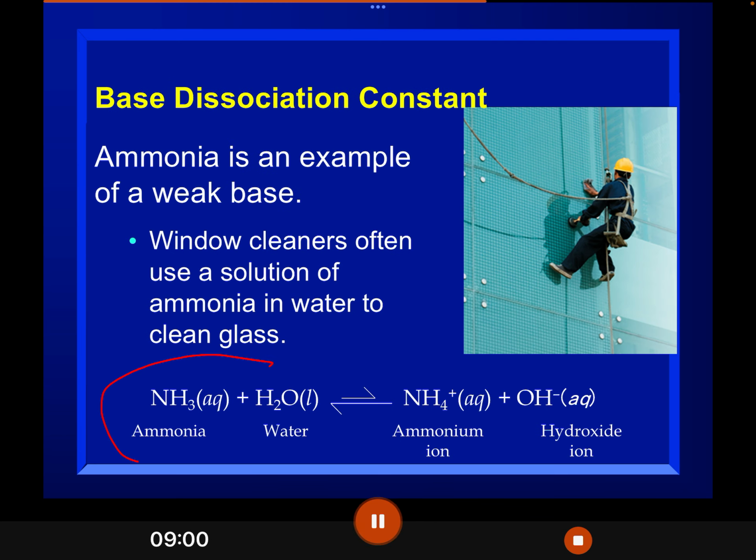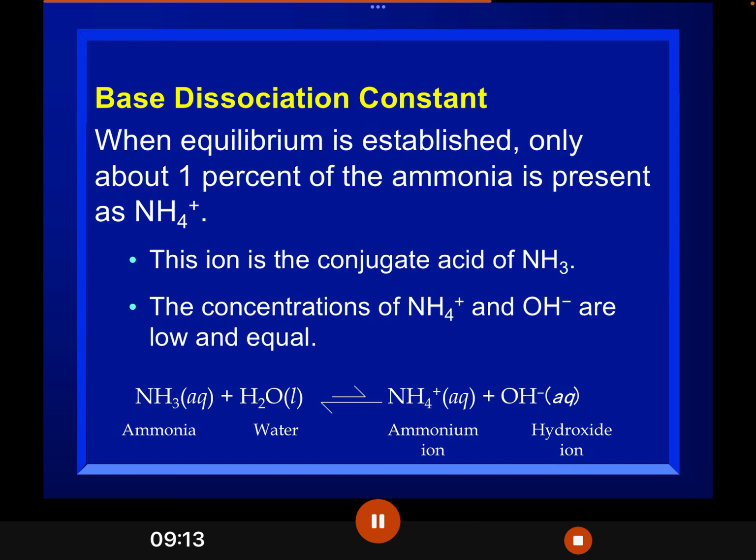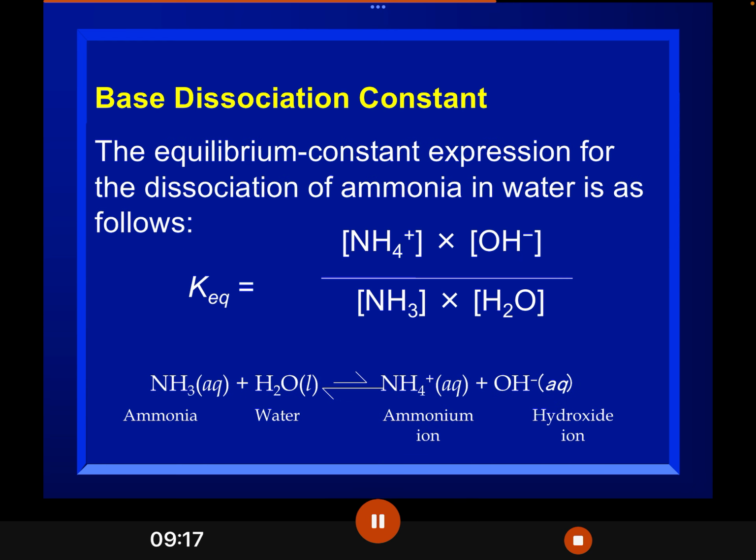Here is one of my favorites to look at. We'll use this a little bit later today, but this is a very good example of a weak base dissociation, and we'll practice that one in a moment. Okay.